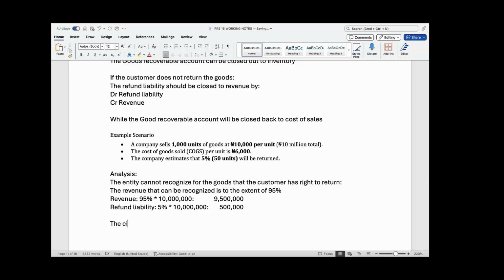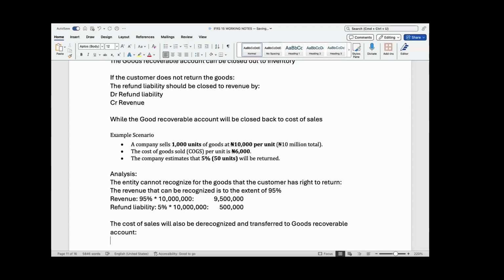The cost of sales will also be derecognized and transferred to goods recoverable accounts.